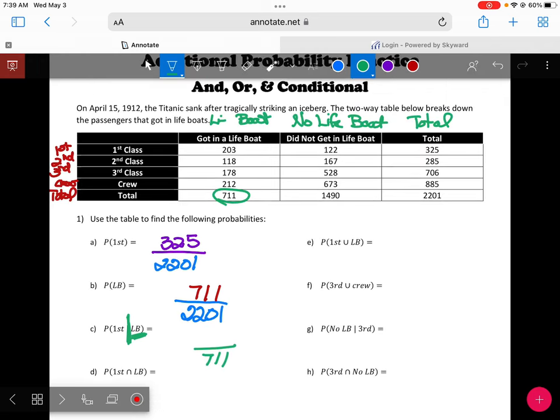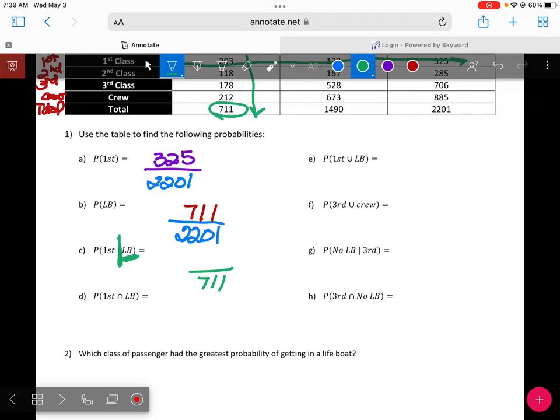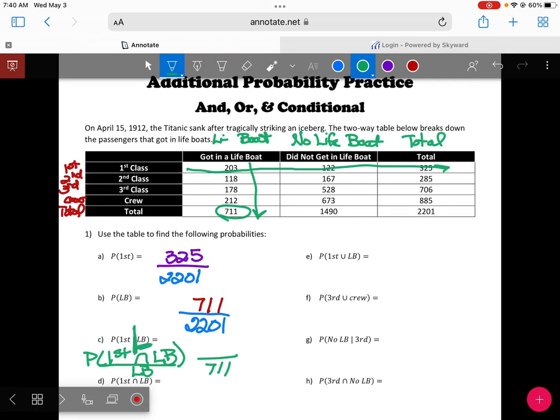And now I want to look at all first-class passengers who made it in the lifeboat. So if you remember, this is the probability of first and lifeboat, where they intersect, happening at the same time, all over lifeboat. So the intersection is 203. That's what we learned yesterday, that when you have a conditional statement, you have to have the new denominator.